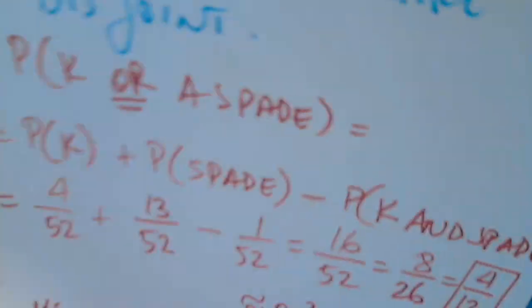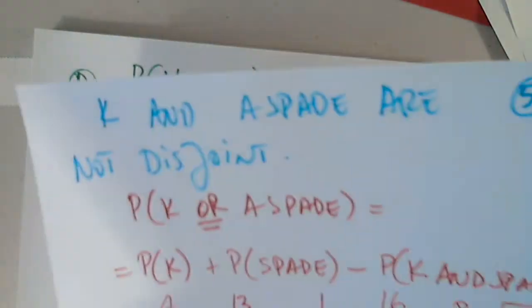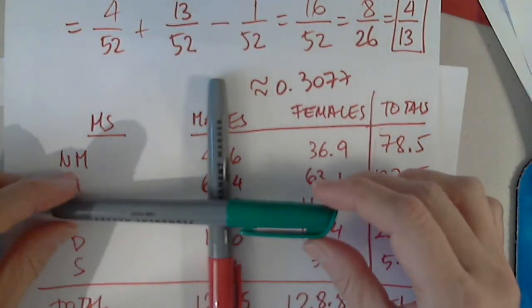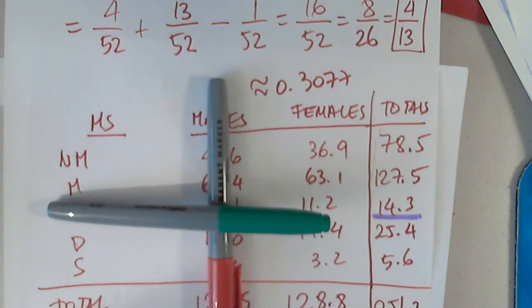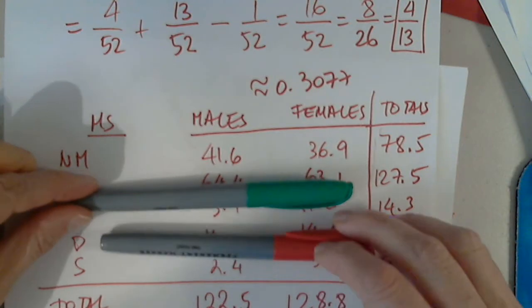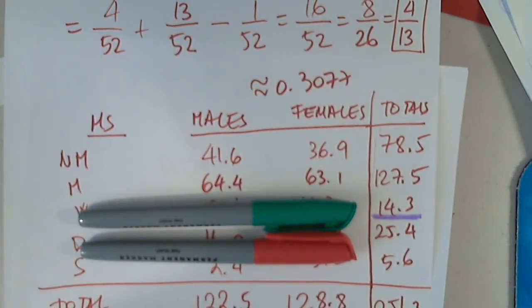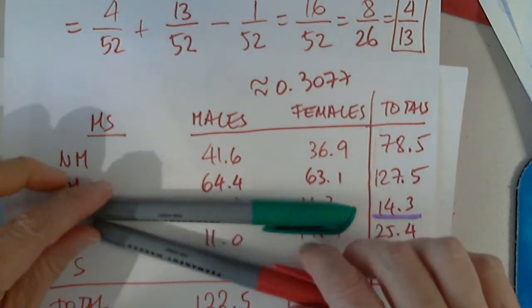Back to the contingency table. Male is this, and widowed is this. Do they have a common element? Do they have a common outcome? See the difference between widowed and divorced? No common element. No outcome at the same time.